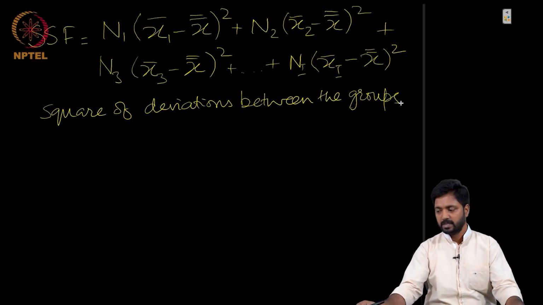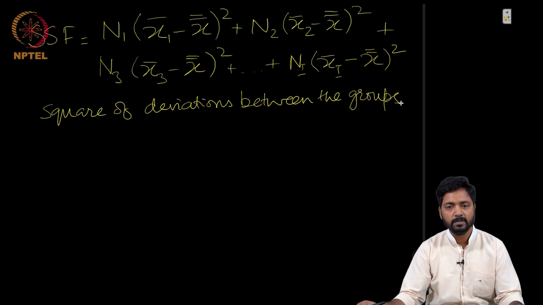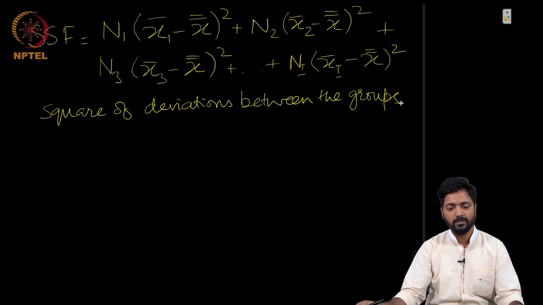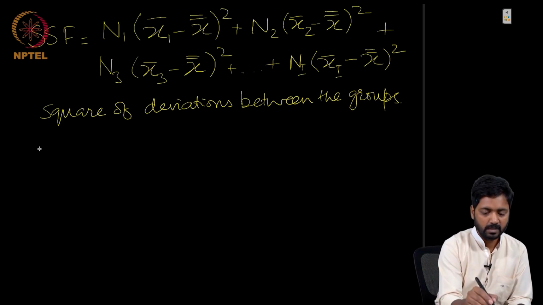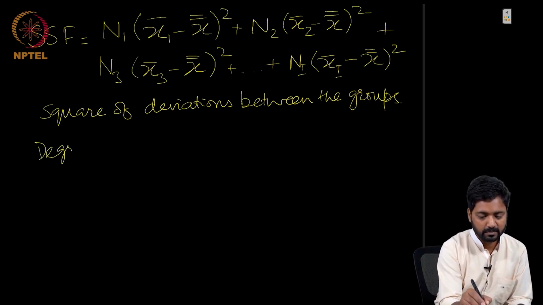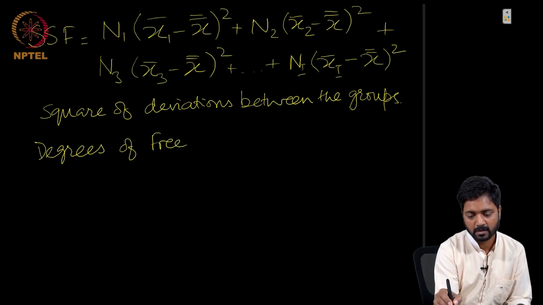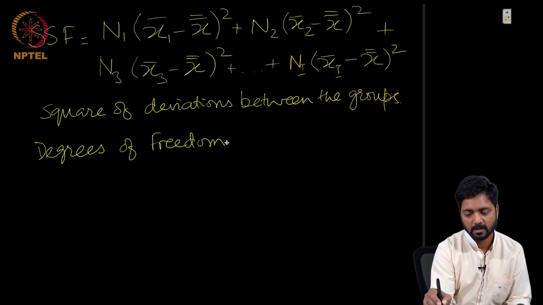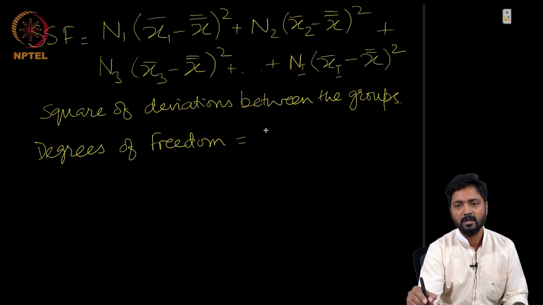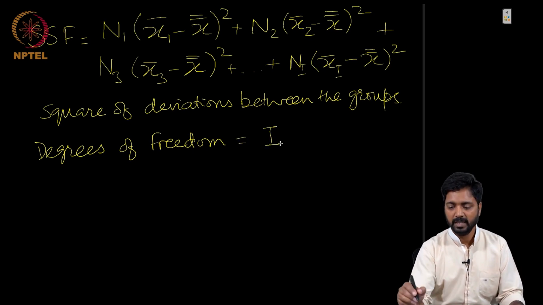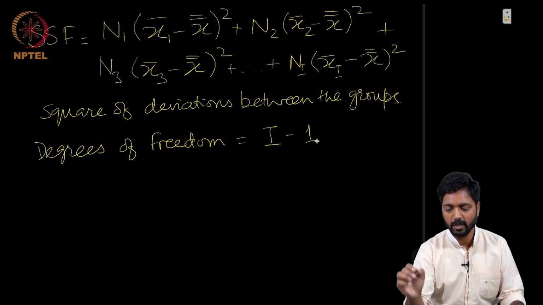So, please keep this in mind, and for sum of squares due to factors we will have the degrees of freedom as I, which is the number of samples that we are dealing with, minus 1.